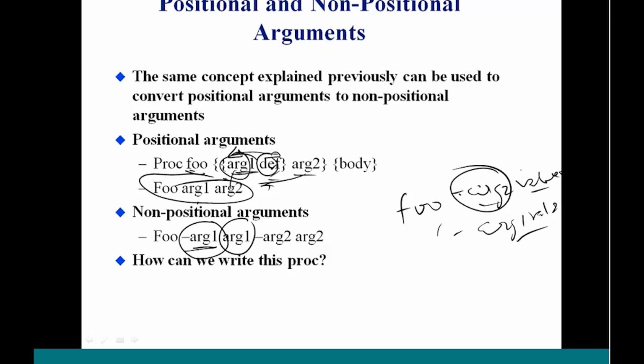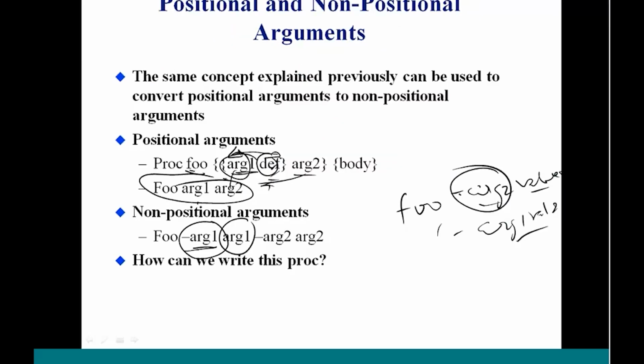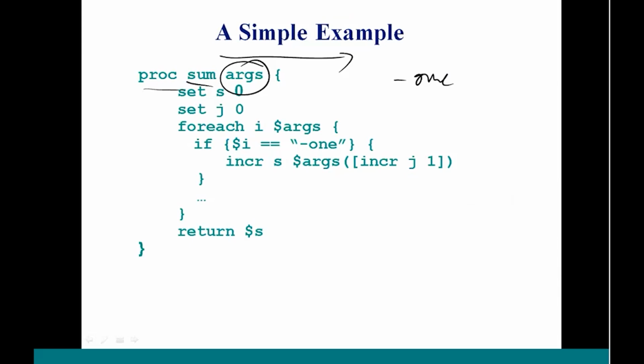The way to do this kind of procedure is as follows. Here is a simple example, the same procedure sum with keyword arguments. As you know, args is a list, and it will contain arg1, arg2, all these things. I am assuming that you will specify -1 and the first number, and then -2 the second number, things like that.